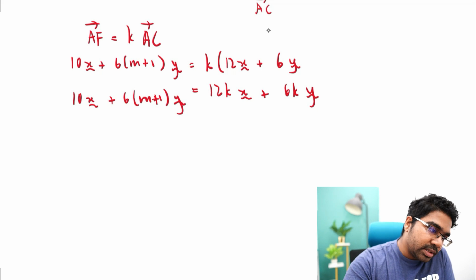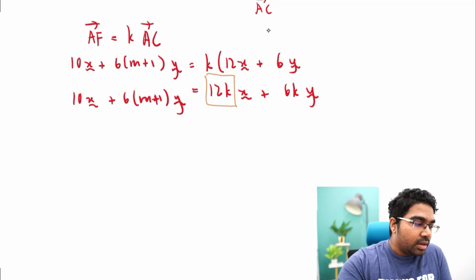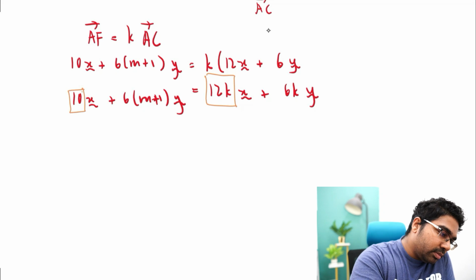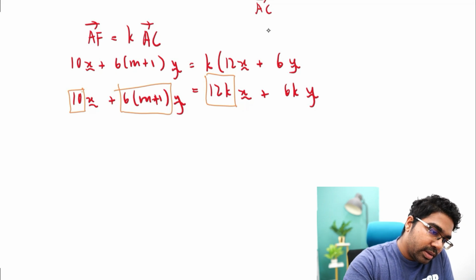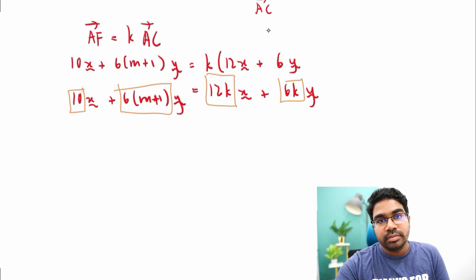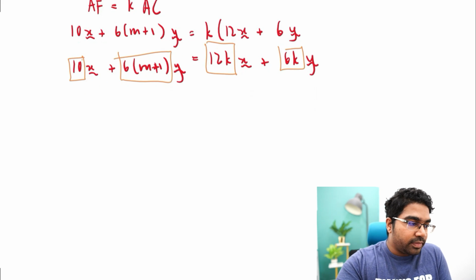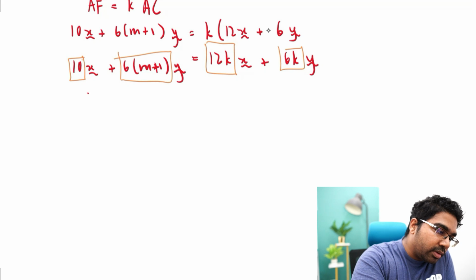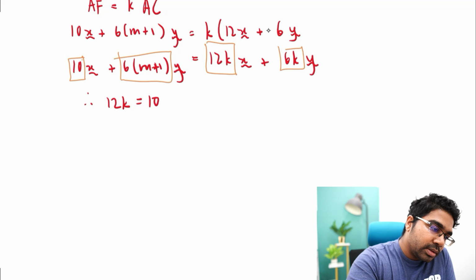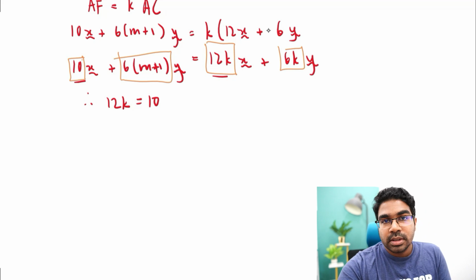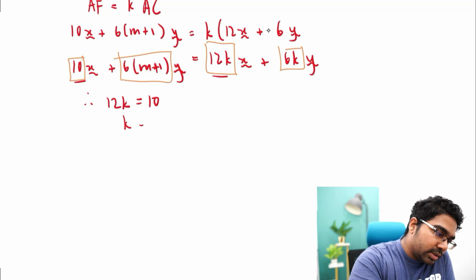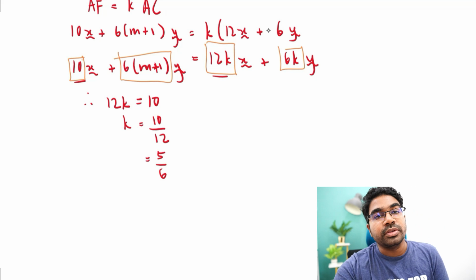So by comparison, the coefficient of the vector x must be the same and the coefficient of the vector y must be the same. So therefore, by comparison, 12k is equal to 10. This is equal to this. So therefore, you can get k equals 10 over 12, which is 5 over 6. Now once you find k, remember our goal is to find m.